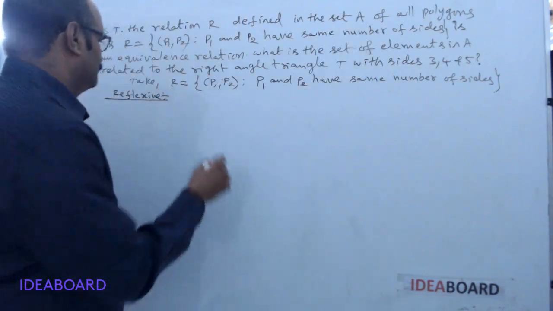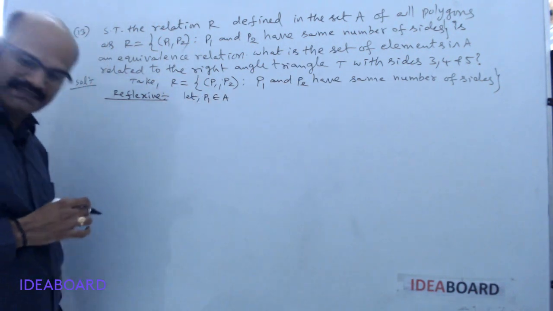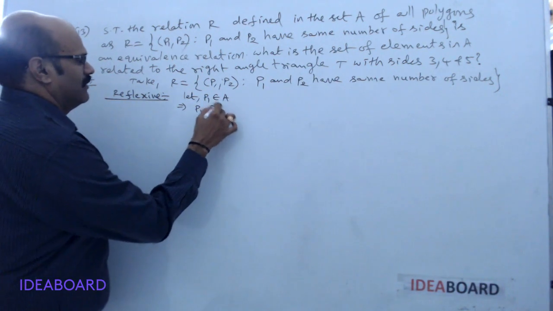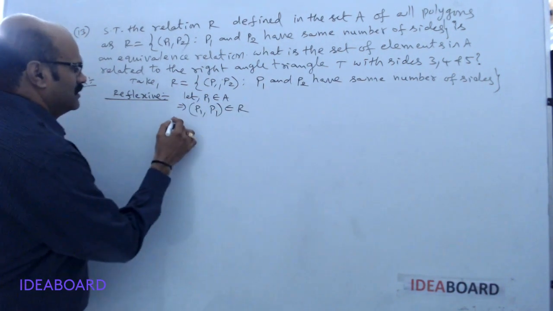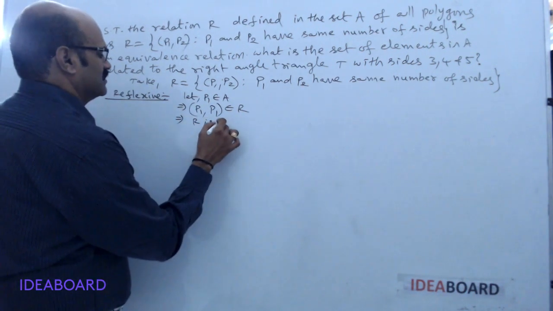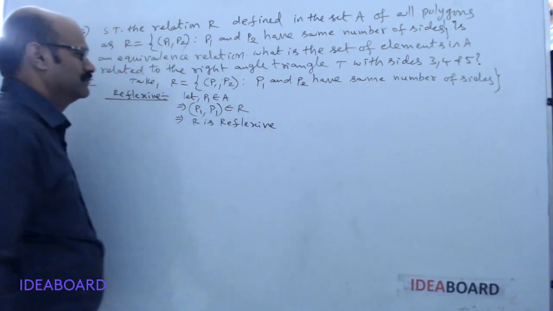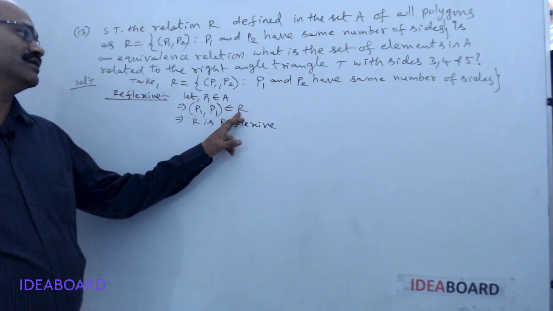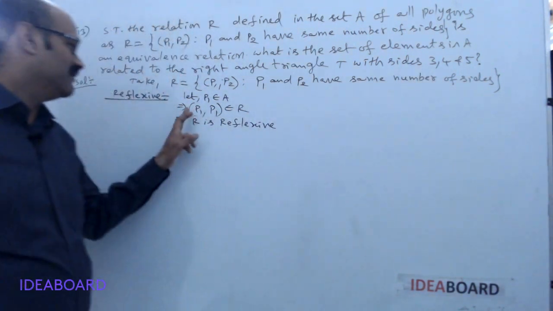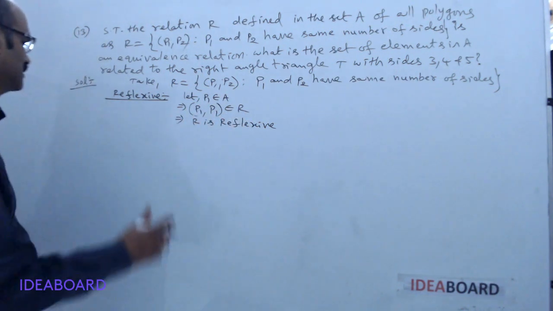Let P1 belongs to A. It implies P1 comma P1 belongs to R. So we say that R is reflexive. Why P1 comma P1 belongs to R? Since P1 and P1 have the same number of sides, P1 comma P1 belongs to R. It implies R is reflexive.